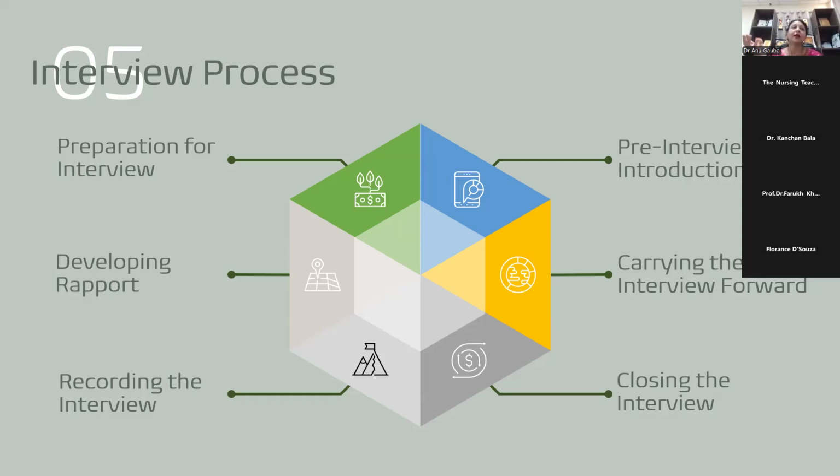Or we can say that you have to take care of things like the environment has to be planned accordingly. Confidentiality has to be planned whenever you're planning interview sessions. You have to be ready with some set of predetermined questions, some open-ended questions also, some closed-ended questions also, right? So you have to prepare yourself for the interview.